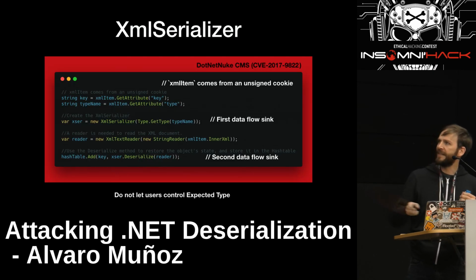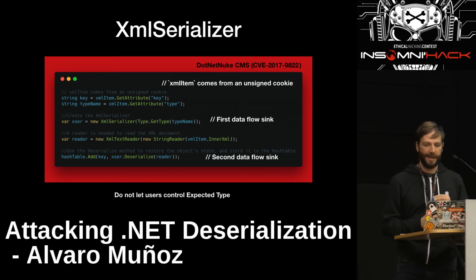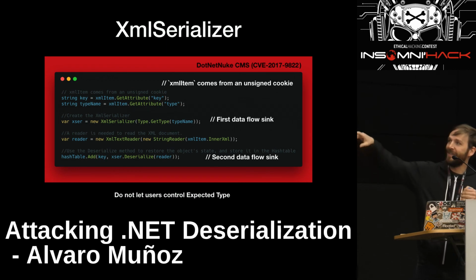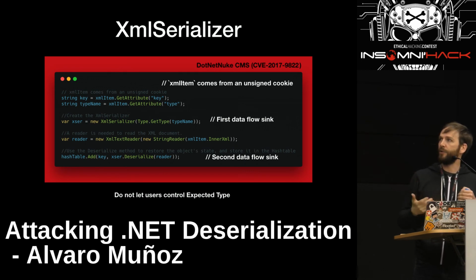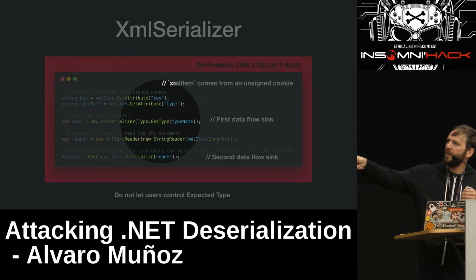That's exactly what DotNetNuke, which is a content management system, actually the most popular content management system in .NET, was doing. Again, I don't know if you can read anything, but there is a cookie that contains this XML item that comes from an unsigned cookie that the attacker can control. Then from this XML, the type name is extracted, and then we initialize the XmlSerializer with that type name.